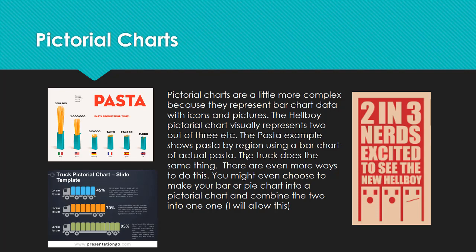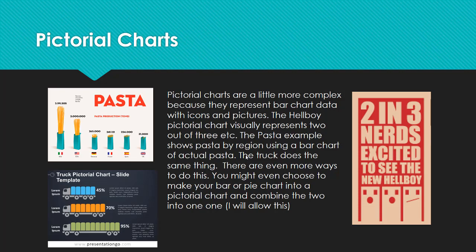Pictorial charts, technically, are sort of complicated and sort of not complicated, because they can represent any sort of data. In other words, you can make any infographic that I've mentioned so far, like a pie chart or a bar chart, and there's a bunch of other types of charts. You can actually illustrate what you're saying with actual artwork.